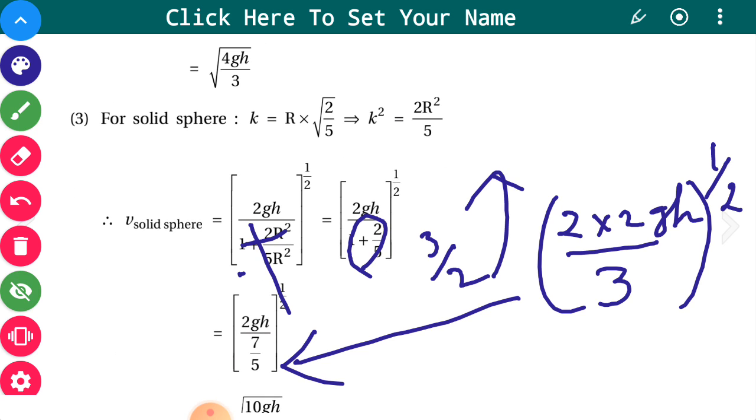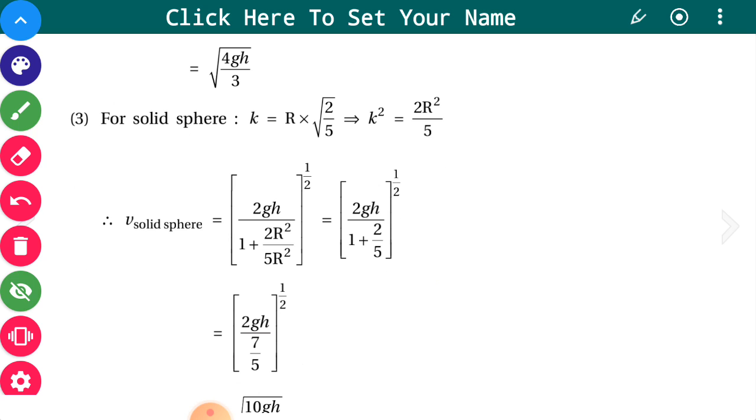Now it is for the solid sphere. Earlier the misprint was there. Now here k is under root 2 by 5 r, so k square will be 2 by 5 r square, and instead of k square you write 2 by 5 r square, so it becomes 2r square upon 5.